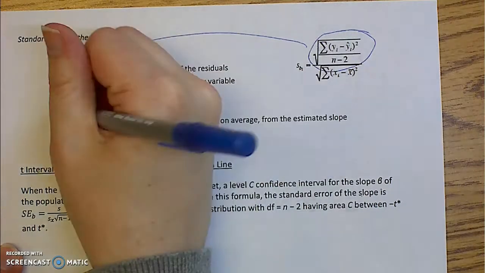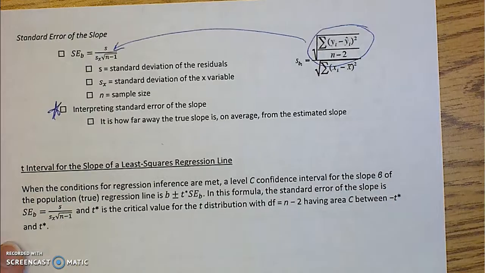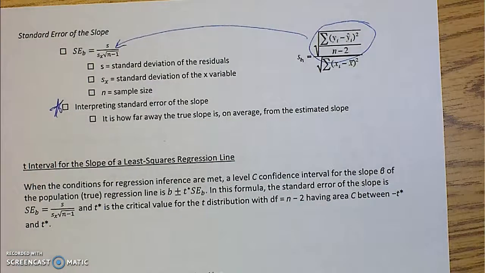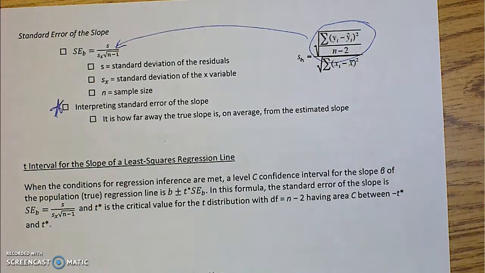Okay? So, if you're wondering how the heck do you interpret the standard error, it talks about how far away the true slope is on average from the estimated slope. So if we were to repeat this many times, the slope of the estimated regression line would typically vary by about, insert standard error here, from the slope of the true regression line for whatever context we're dealing with.